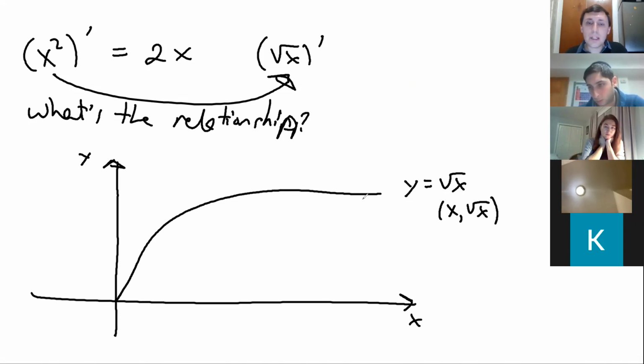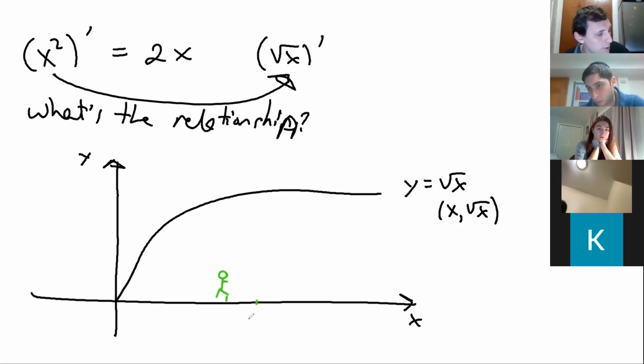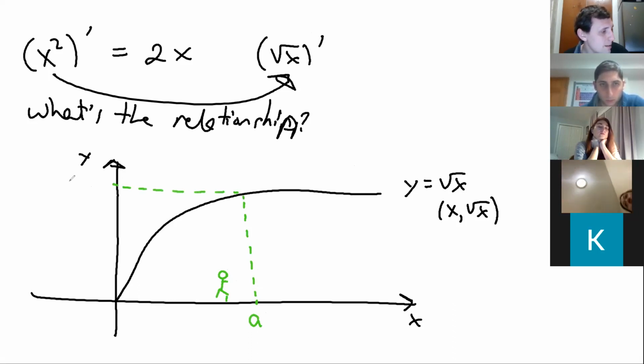Now, this is my curve. And imagine I have this astronaut walking on this curve. If he's walking on the x-axis, here is the point A, and then the corresponding point here is root A. You agree?